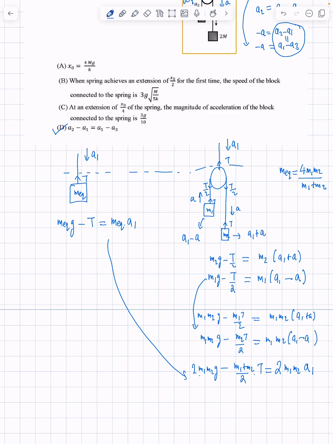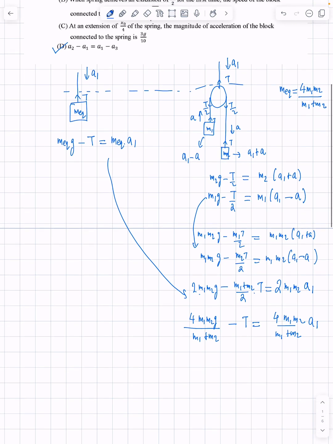I'll divide by (m1 plus m2) over 2, so it will become 4m1m2g over (m1 plus m2) minus T equals 4m1m2 over (m1 plus m2) times a1.